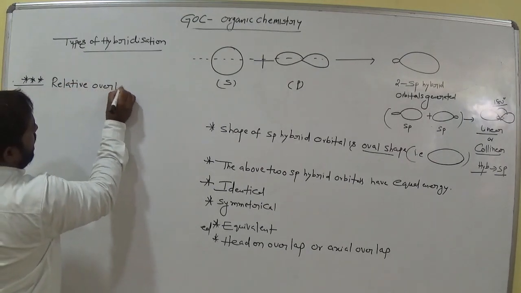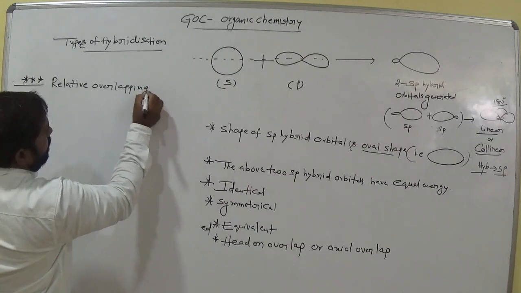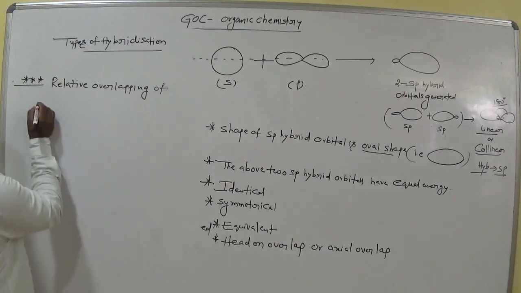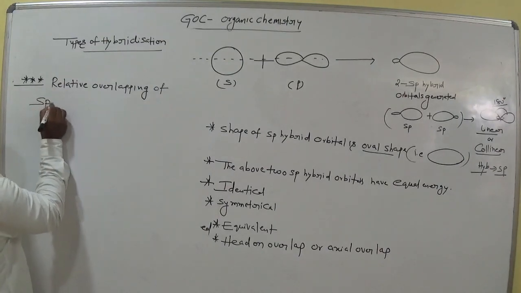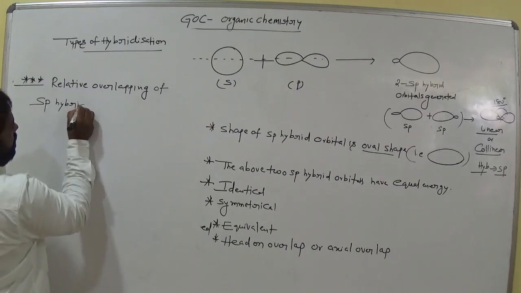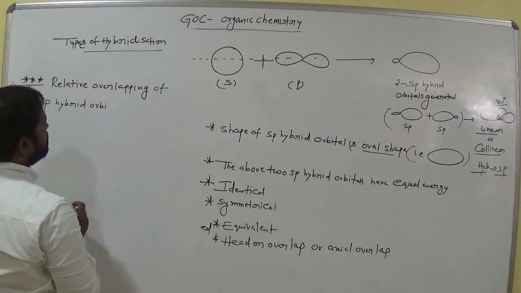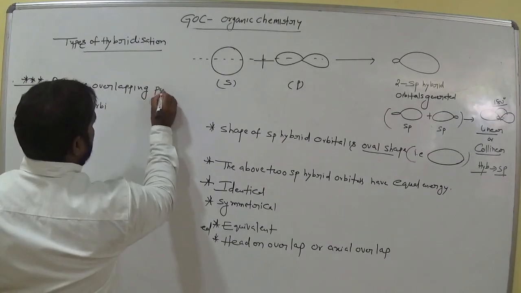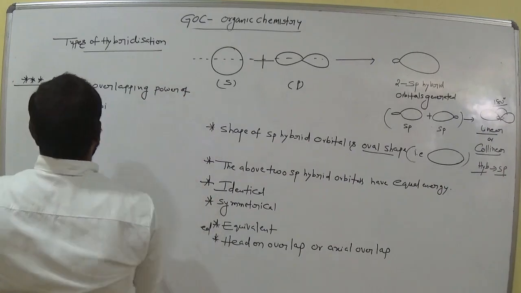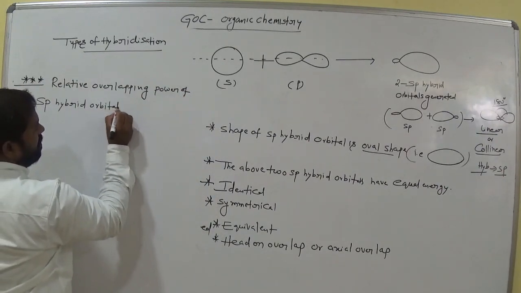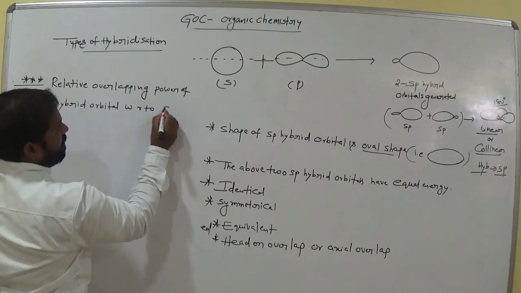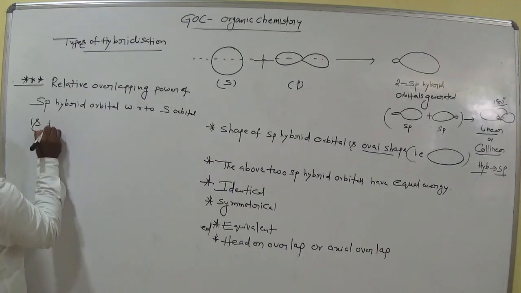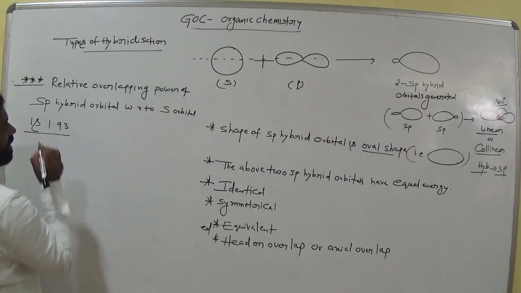the relative overlapping of the sp hybrid orbital, the relative overlapping power of the sp hybrid orbital with respect to the s orbital is 1.93.